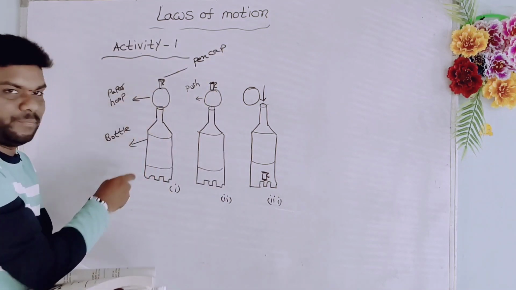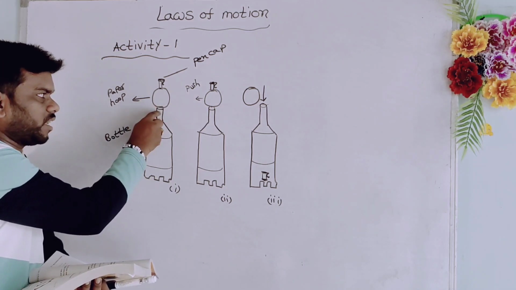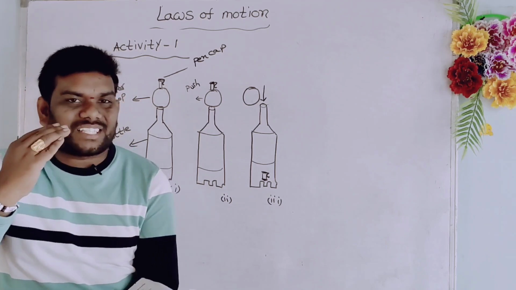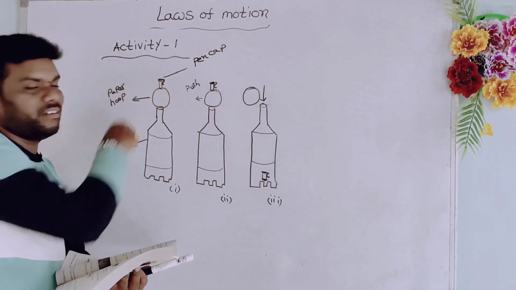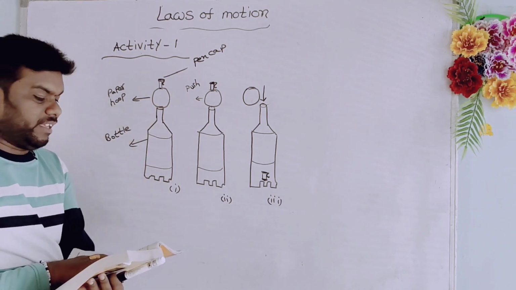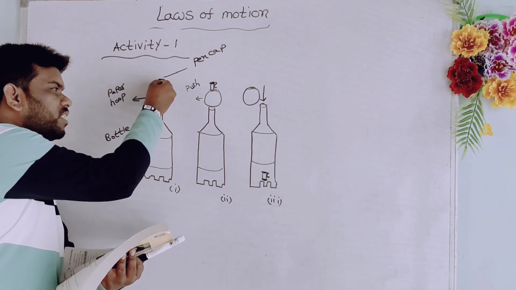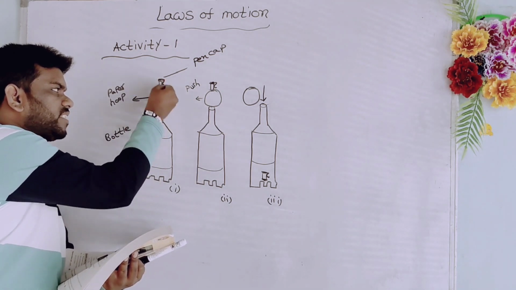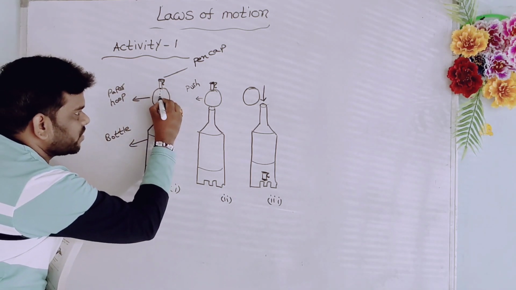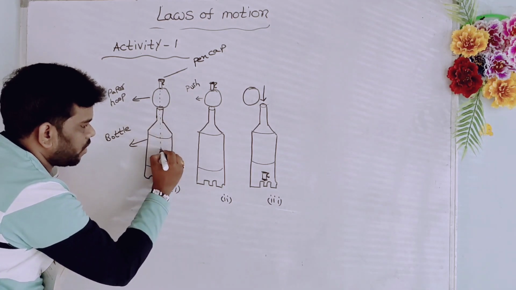Now balance the pen cap on the paper ring, aligning it on the center of the bottle mouth. Here is the pen cap, this is the paper hoop. Then, straight down, it falls into the bottle like this.